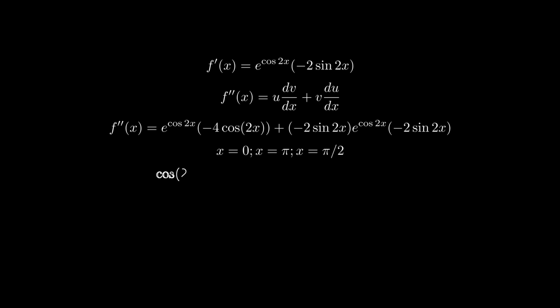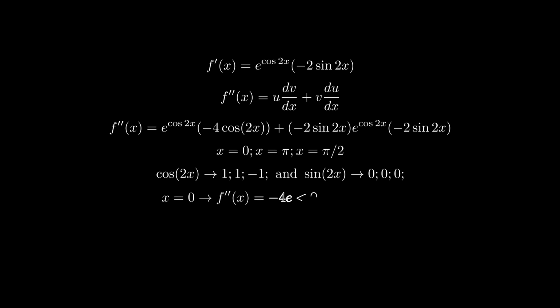Now at these points, the cosine of 2x goes to 1, 1, and minus 1 respectively, and the sine of 2x goes to 0 for each of these, so we can simply ignore the second half of what we have solved earlier for the second order derivative. Then at x is equal to 0, the second order derivative is simply minus 4e.